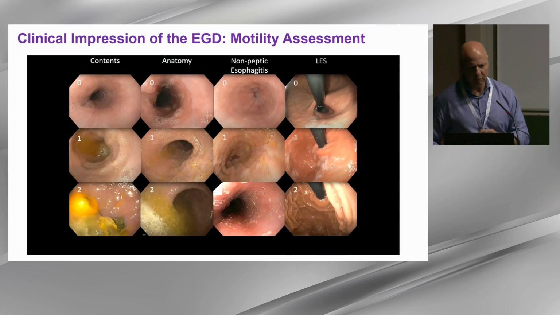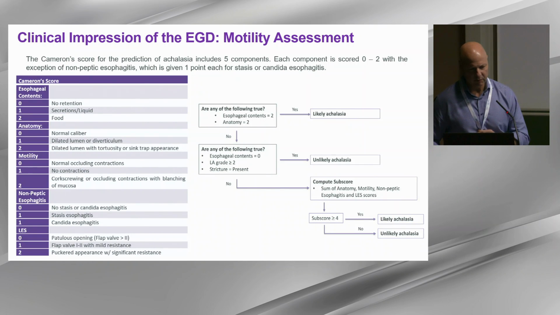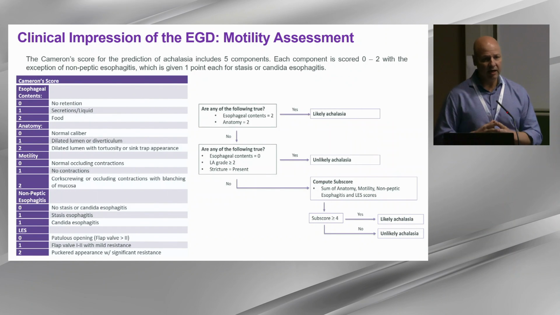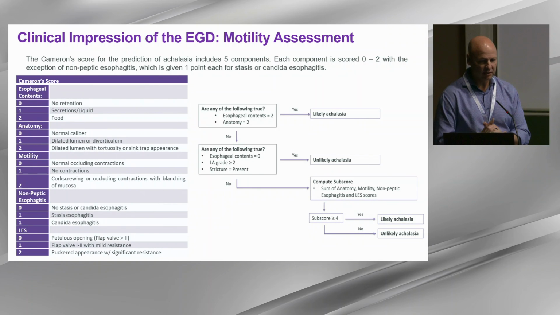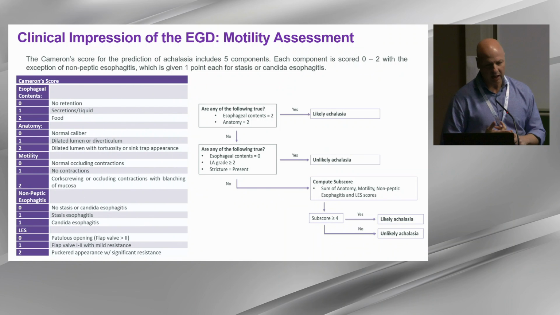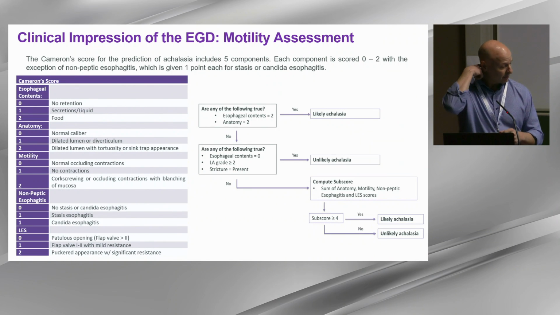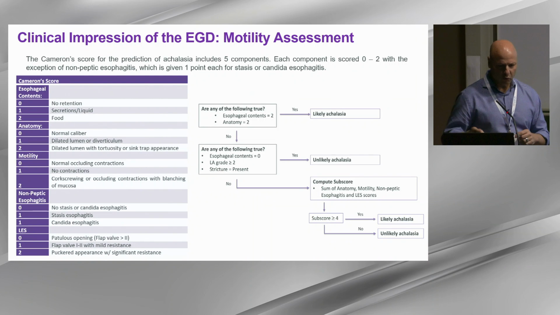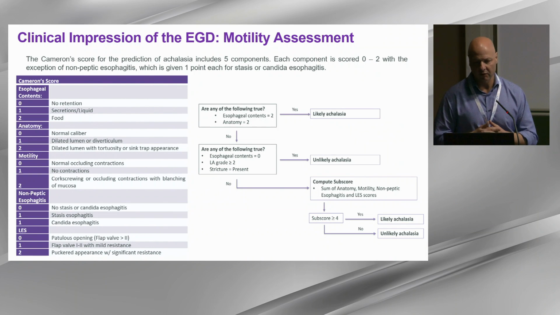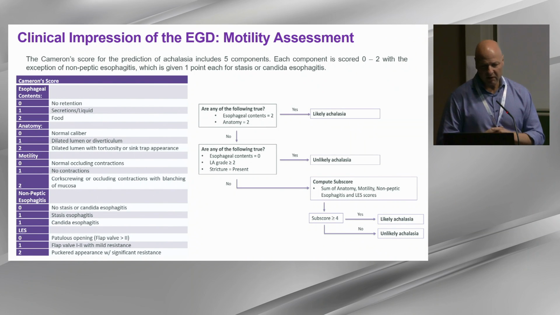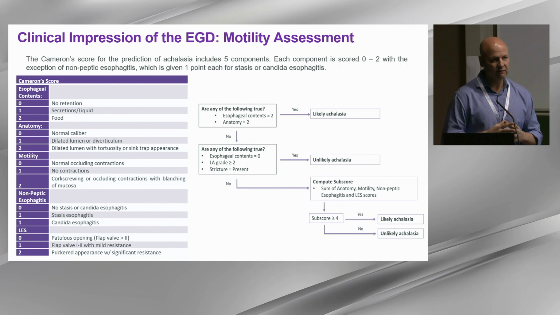And just recently, we worked together with the Baylor group, and you could actually put together a pretty good clinical impression of motility based on the upper endoscopy, using a scoring system looking at esophageal contents, anatomy, motility, whether or not they had non-peptic esophagitis, and then, of course, the resistance through the esophagogastric junction. And we found that this would work with pretty good sensitivity and specificity.